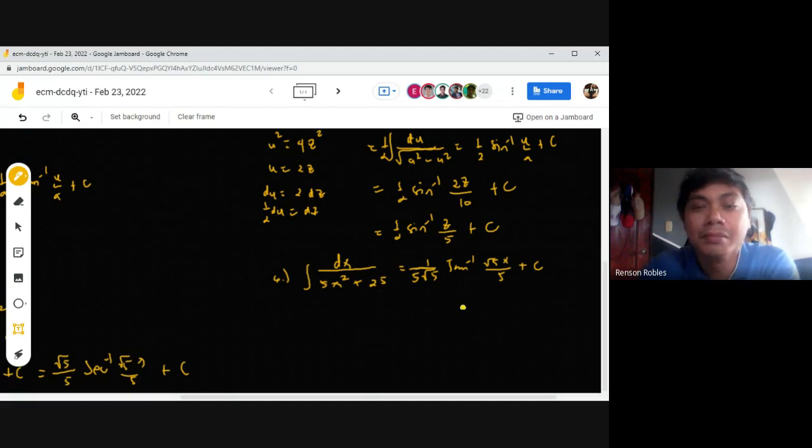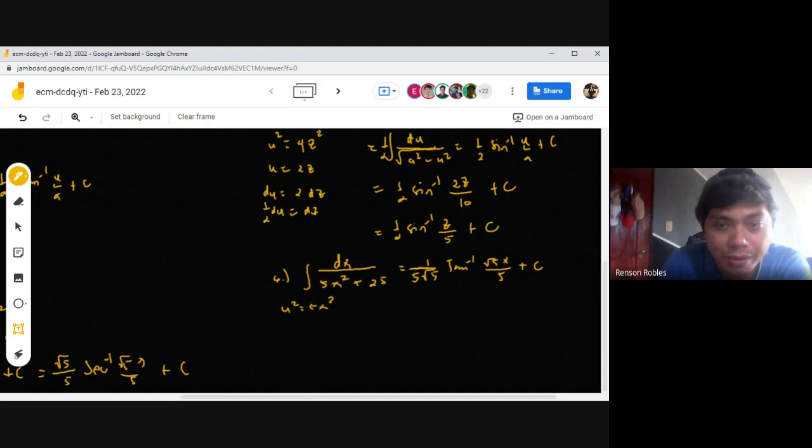Let's do it. Say u squared is equal to 5x squared. U is the square root of 5x. Du is square root of 5 dx. That's why there's 1 over square root of 5 there. That's 1 over square root of 5 du equals dx. And then you have a squared is 25, then a is 5. Okay?